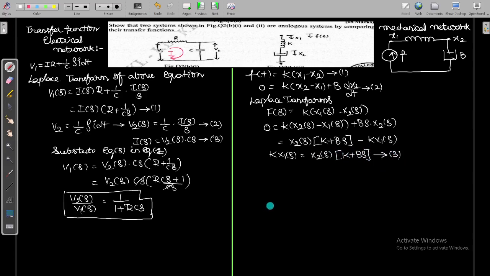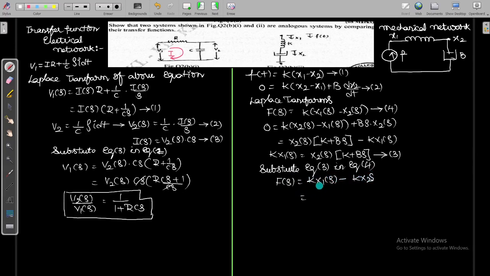Give the number 4 to the earlier equation, and substitute equation 3 in equation 4. What are you going to get? F of s is equal to k into x1 of s minus k into x2 of s.